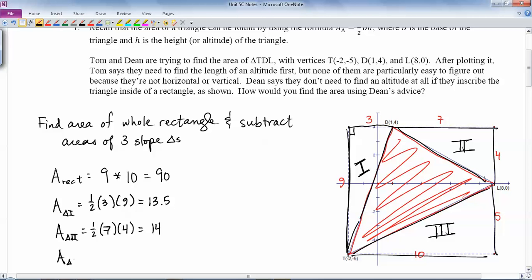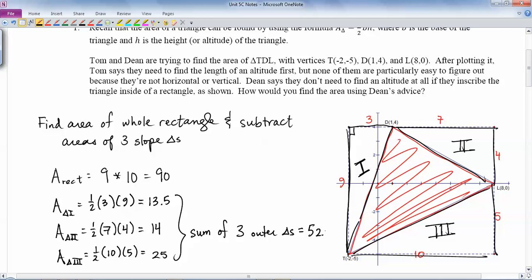And the area of triangle 3 is 1/2 times 10 times 5. Well, half of 50 is 25. And so if you look at the sum of the 3 outer triangles, that's 13.5 plus 14 plus 25.